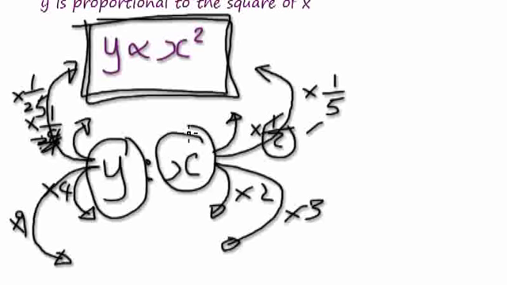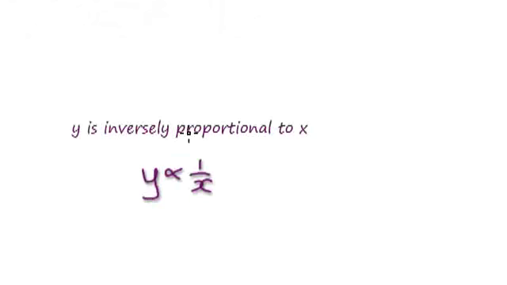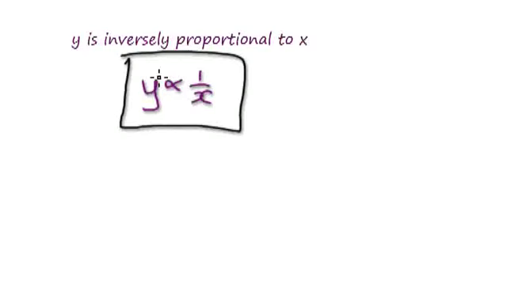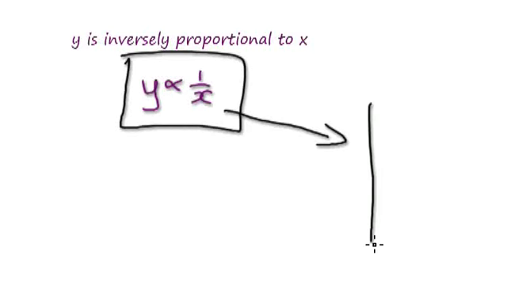Okay, and this one here: when y is inversely proportional to x, it would be given to you as this. And then here you've got to visualize the graph as this. It's going to be something like this.